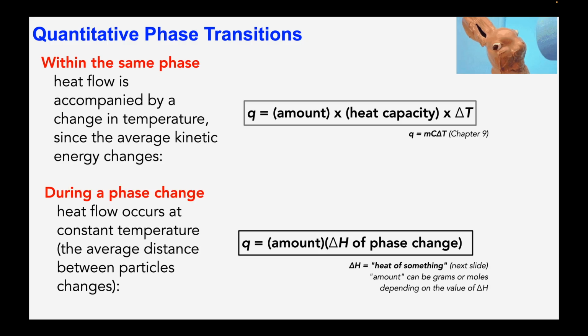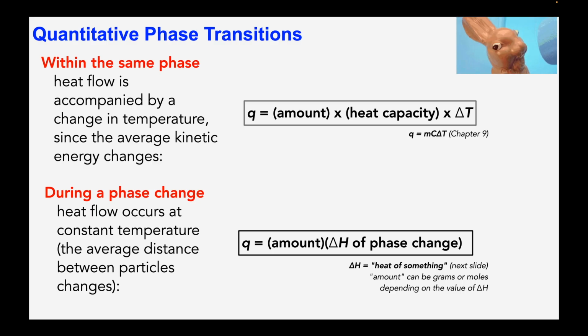You can also, though, have a phase change, like you can turn a solid into a liquid, you can turn a liquid into a gas, stuff like that. And there's also a heat associated with that, can be positive or negative. Q, the value of Q, the amount of energy it's going to take or the amount of energy you're going to get out, depends on the amount times the delta H of a phase change. Now, delta H is enthalpy, and there's lots of different delta H values.